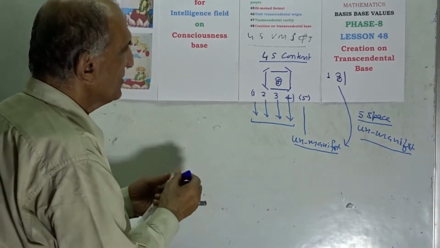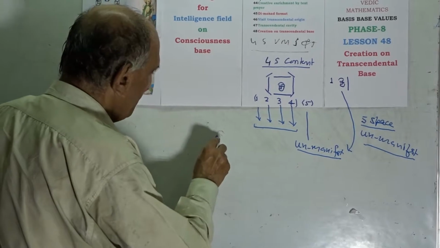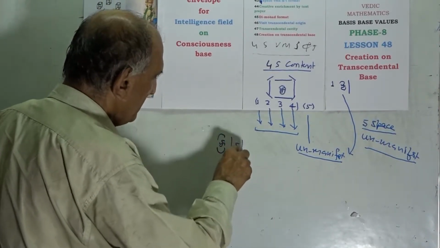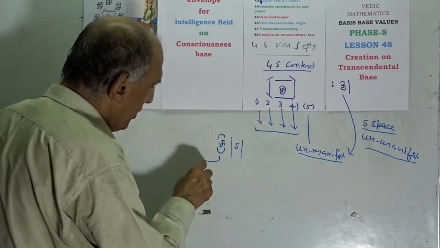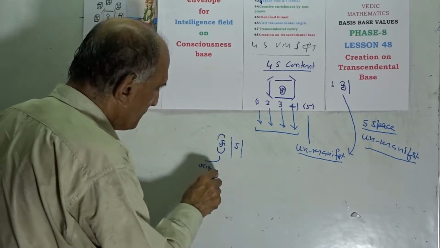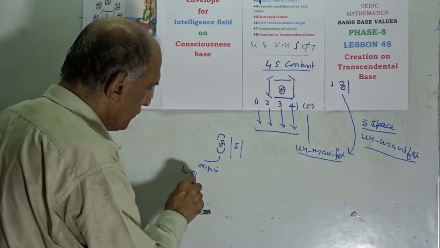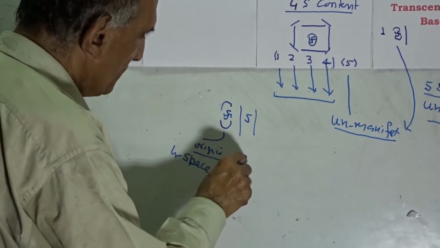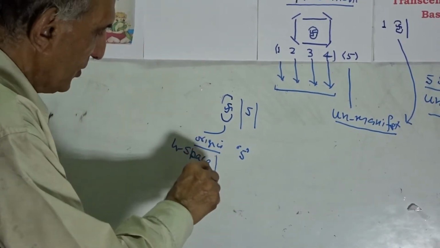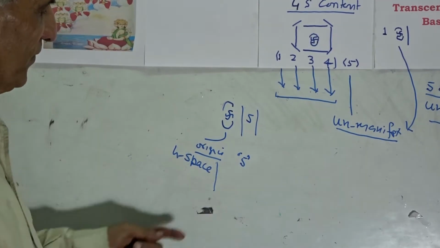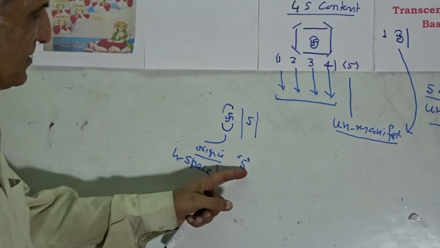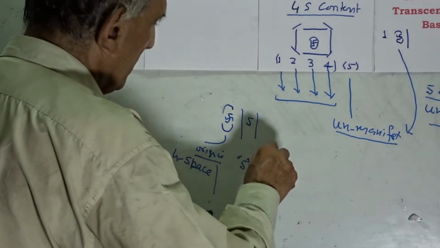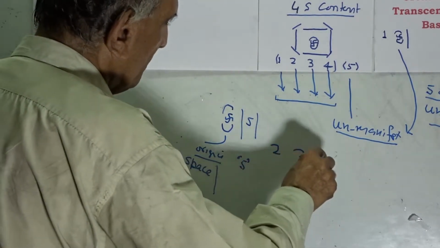Now this transcendental base, which is of value 5 and which is of 5-space content, plays the role of origin of 4-space. So it is the origin of a 4-space, however it is of value 5. So it is 5-space in the role of the origin of 4-space. Therefore 5-space sometimes becomes the 4th fold, particularly in the context of hypercube 4.